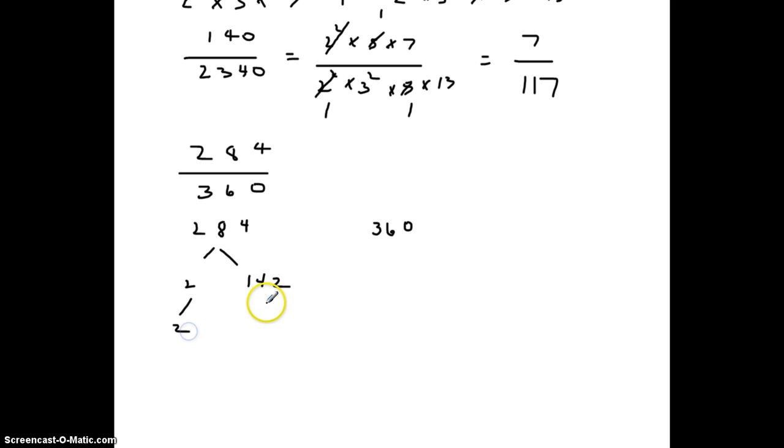And 2 will divide into 142. Now we'll try to find the prime factorization of 360. We'll keep dividing by 2.